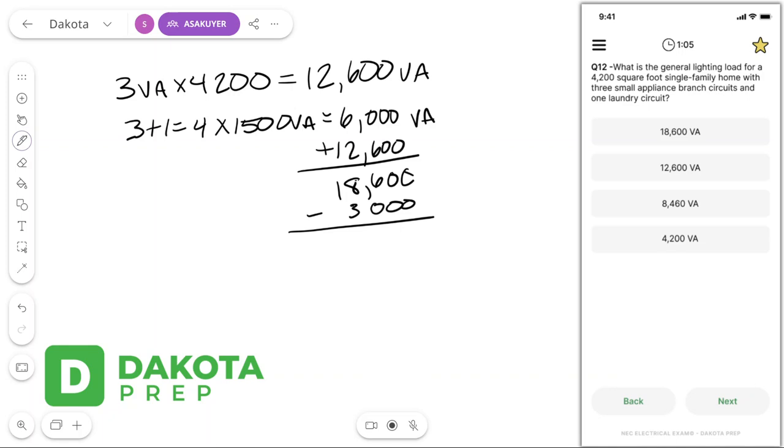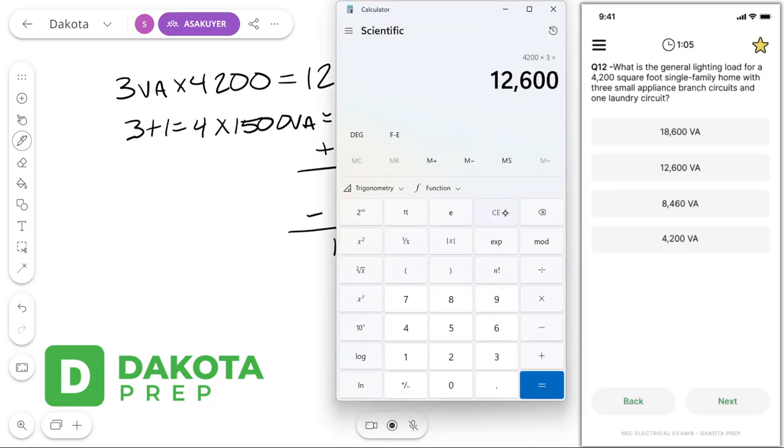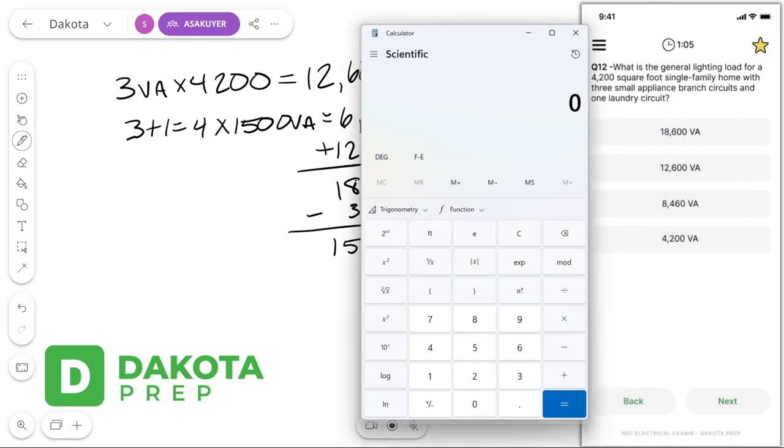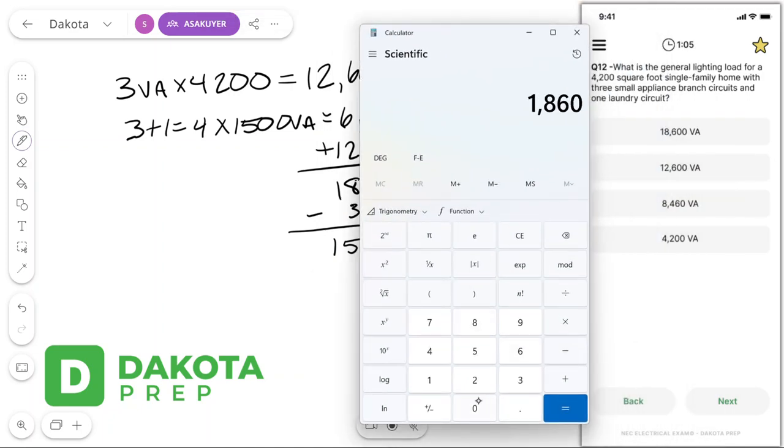So we have 18,600 minus 3,000, which is 15,600 volt amps. Now we can apply that 35% demand factor to that, so that leaves us with 5,460.